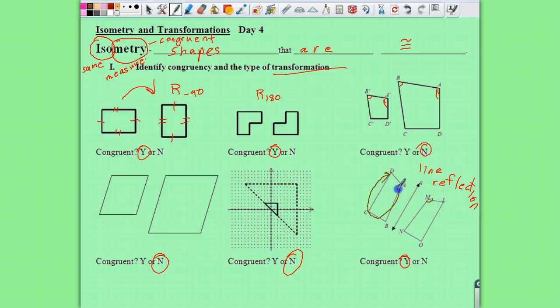So M corresponds with A, N corresponds with B, and O corresponds with C. So I'm going opposite, counterclockwise. So it's the opposite direction of what I did on the first figure. That's called an opposite isometry. The corresponding parts go in the opposite order.